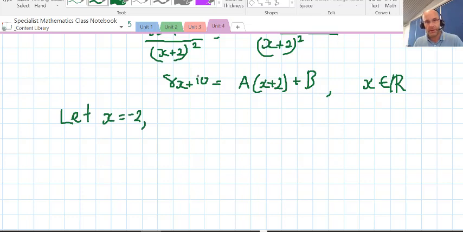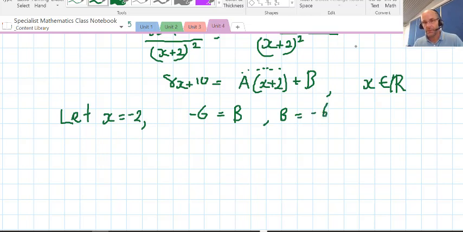So let x equal -2 then, because what we'll have there is that term become 0. So that would mean 8 by -2 is -16, plus 10 is -6. -6 equals B, or B equals -6.